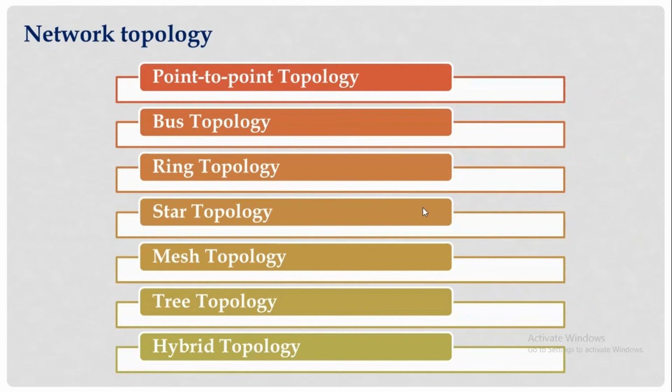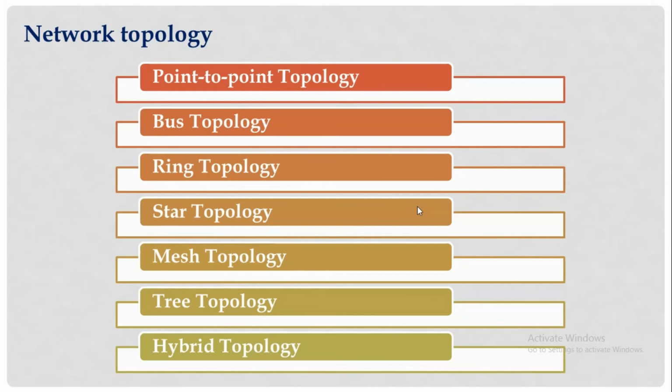Next, let's see about the network topology. First, a point-to-point topology. Next, a bus topology, a ring topology, star topology, mesh topology, tree topology and hybrid topology. So, why is a topology used in a network?